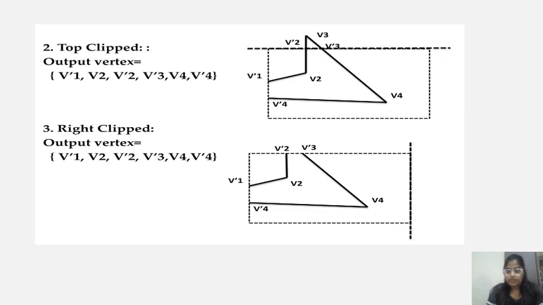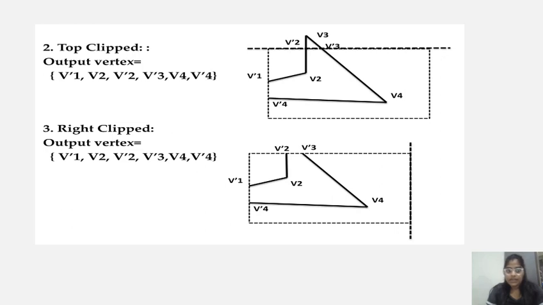From V2 to V3, the intersection point will be considered because here the vertex is going from inside to outside. So here V2 dash, and next from V2 dash to V3 dash, V3 dash to V4, V4 to V4 dash. This is the output vertex if we clipped it from the top side.